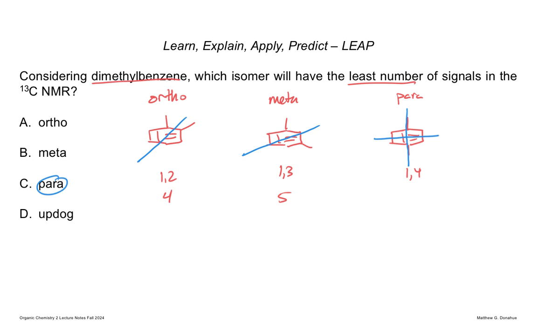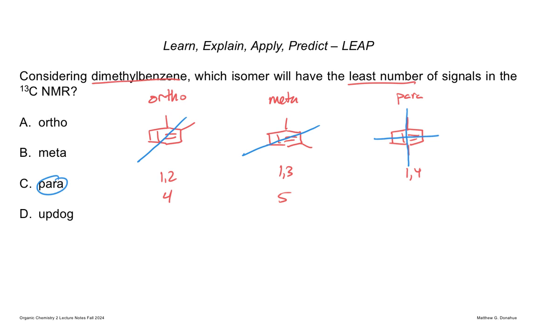And then we'll see the para has the least because it has the most symmetry to it. So essentially we have the methyls mirroring each other, these carbons bearing the methyls, and then these mirror each other on this mirror plane, and then these mirror each other on this mirror plane. So if these are the same and then these are the same, they reduce down to 1, 2, 3.